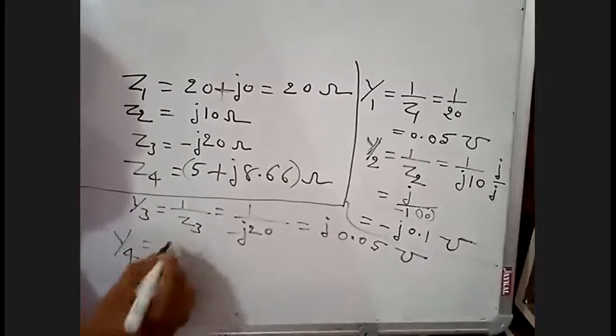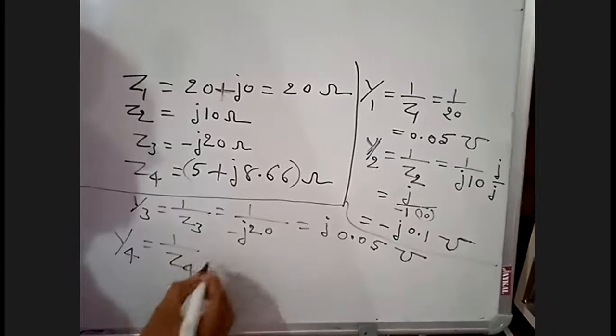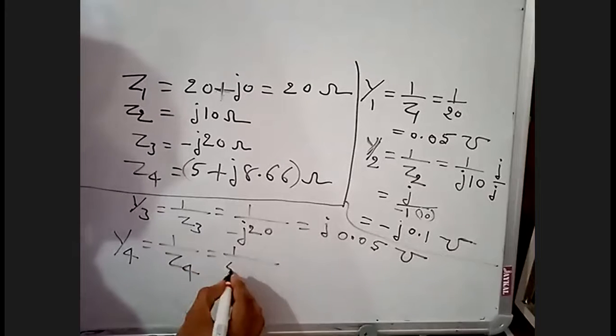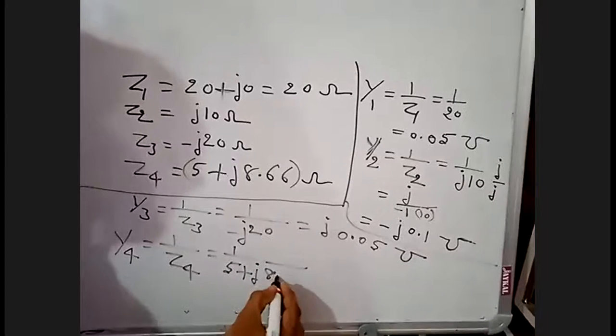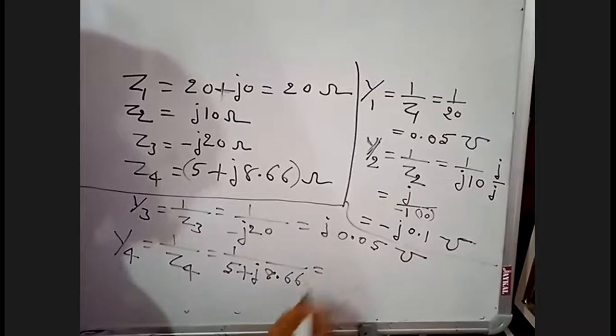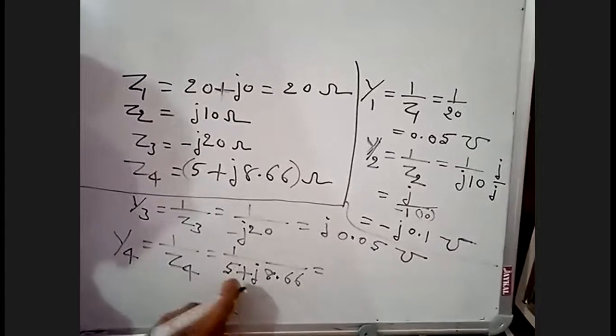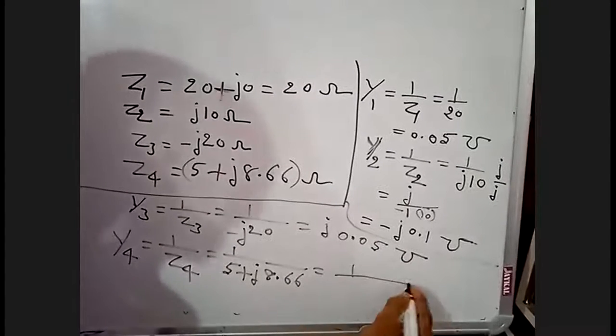Y4 is equal to 1 by Z4. That is 1 by 5 plus j8.66. Now it is in the division. Convert this into polar form.